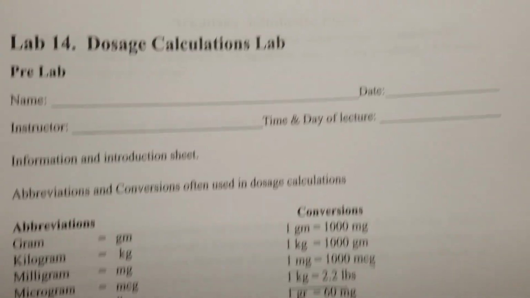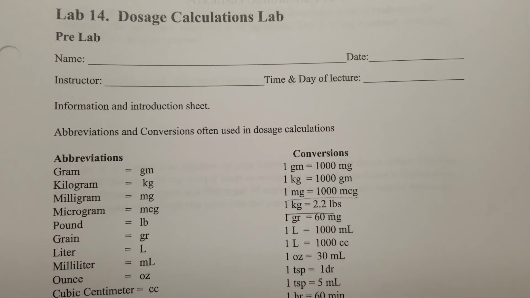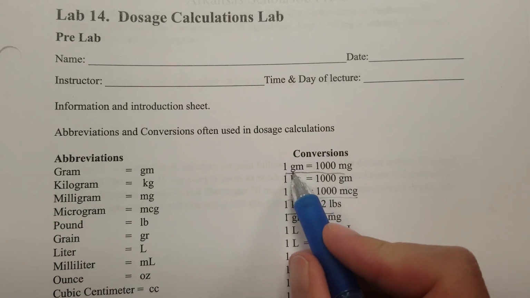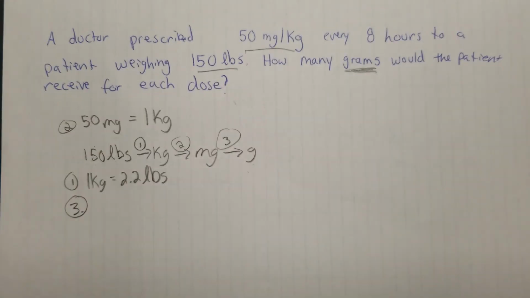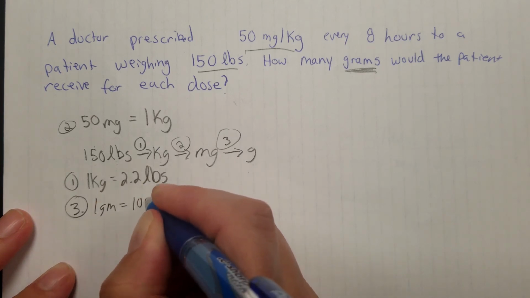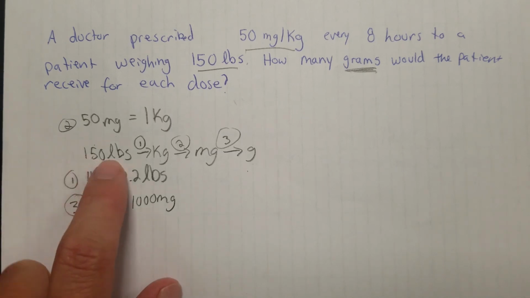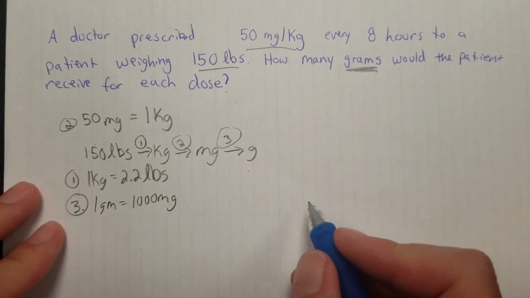You're going to get the same answer. So milligrams to grams. Remember, GM is grams, so 1 gram is equal to 1,000 milligrams. Okay, so I have everything I need to get all the way from pounds to grams.